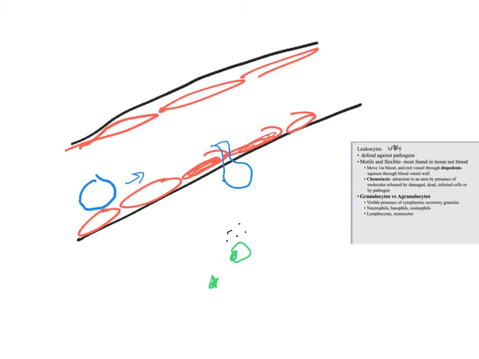Because they are this amoeboid and flexible-like structure, they squeeze through the edges of the endothelium that are lining the vessel.